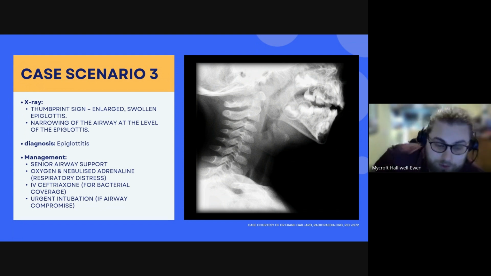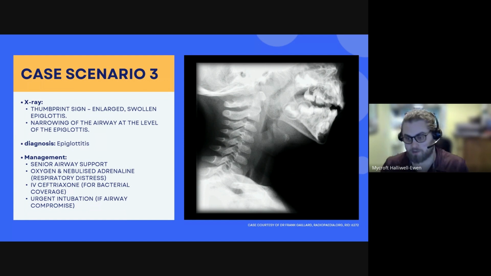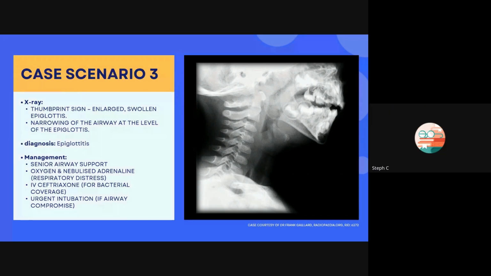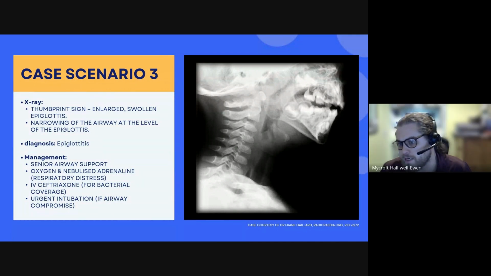Anyway, the long story short is we ended up doing an awake tracheostomy on an A&E trolley, but in theatres, after we looked down with a video laryngoscope and didn't think that urgent intubation was appropriate.